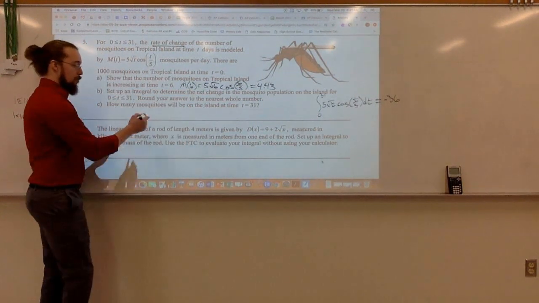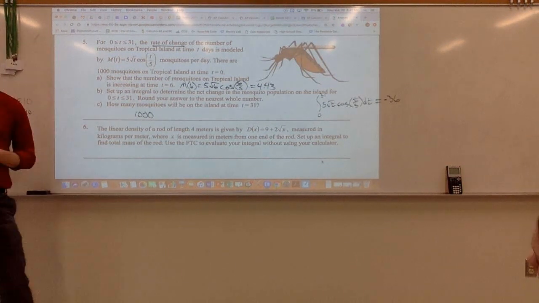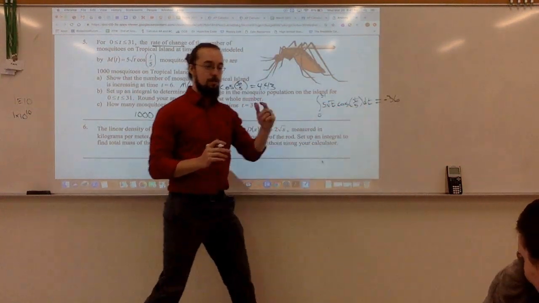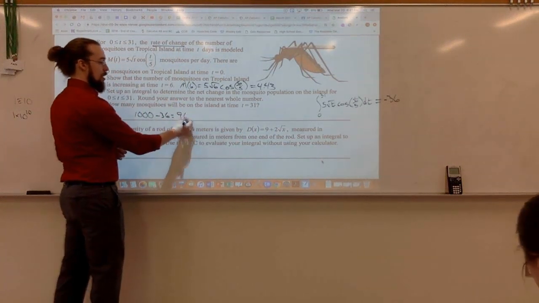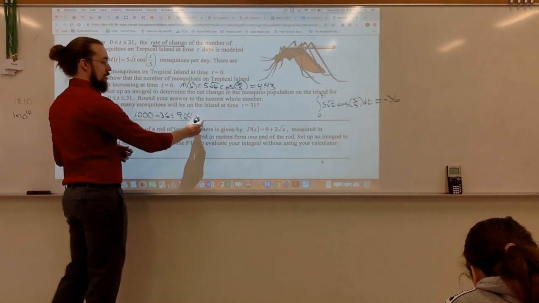So we started with 1,000 mosquitoes, and over the course of 31 days, we lost 36 mosquitoes. So we would say 1,000 minus 36 equals 964 mosquitoes.